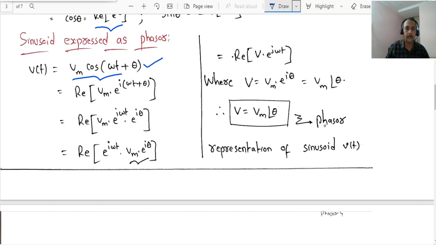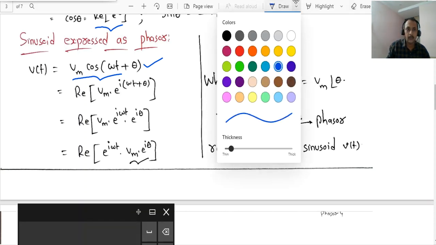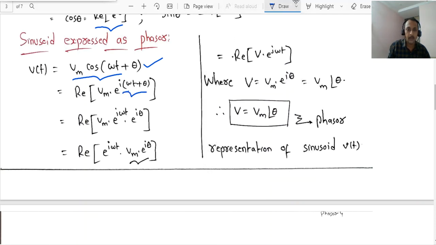Clear? Now, expanding e power of m plus n, that is e power m into e power n.